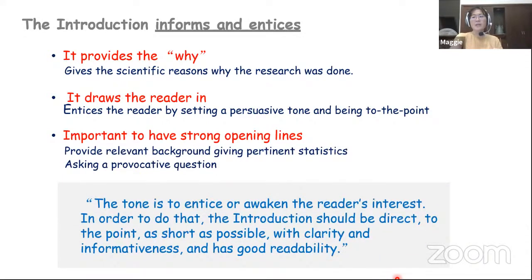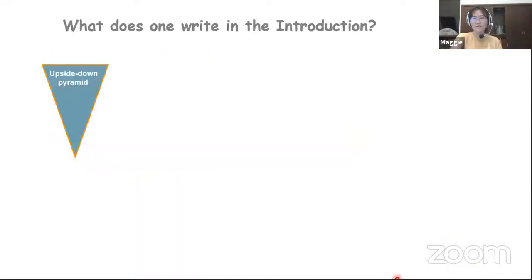The tone in the introduction part is to entice or awaken the reader's interest. In order to do that, the introduction should be direct to the point, as short as possible, with clarity and informativeness, and has good readability. So this introduction part just tells the reader why you do this experiment, what's the background in this field, what you are going to do, what's your hypothesis.